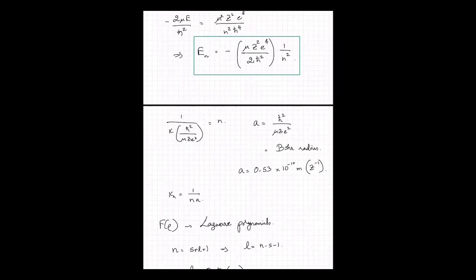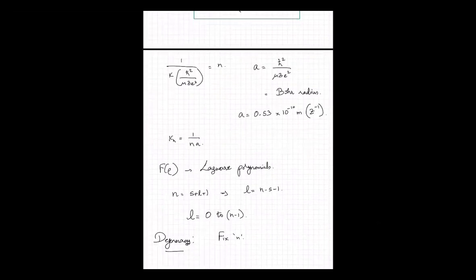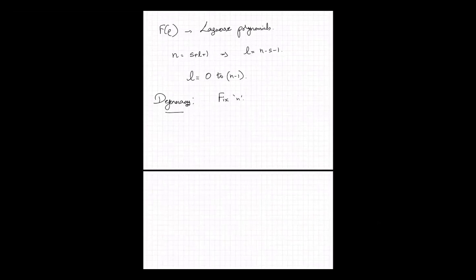They don't know about L or the azimuthal quantum number m. They only go like n, as En goes like 1 over n squared. For fixed n, L goes from 0 to n minus 1.